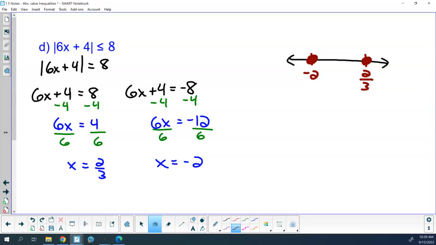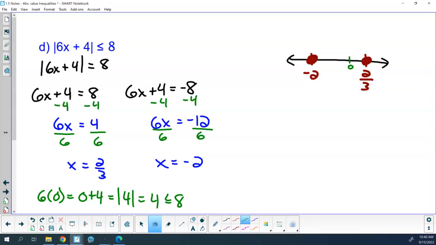If I don't remember that it's a handle, I can always try like 0, for instance. If I plug 0 in, 6 times 0 is 0, plus 4 is 4. The absolute value of 4 is 4, and 4 is less than or equal to 8.